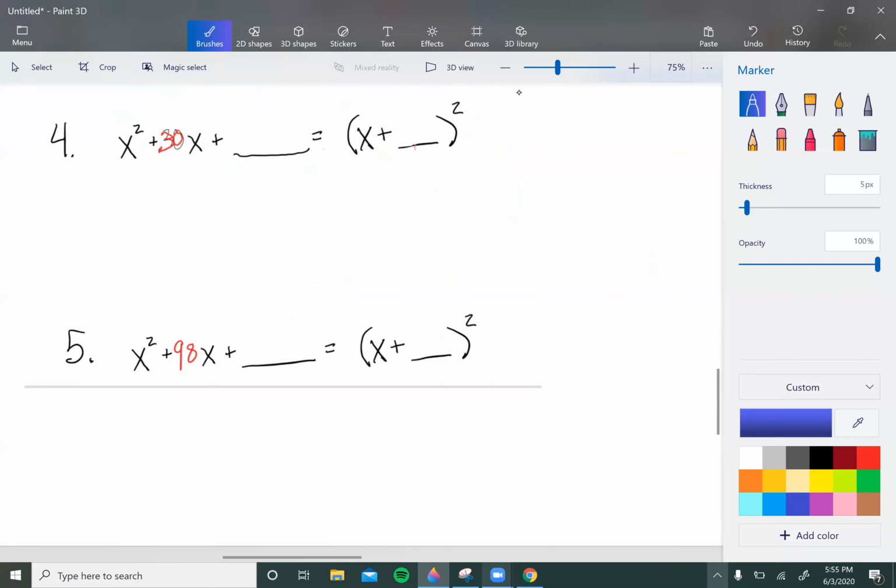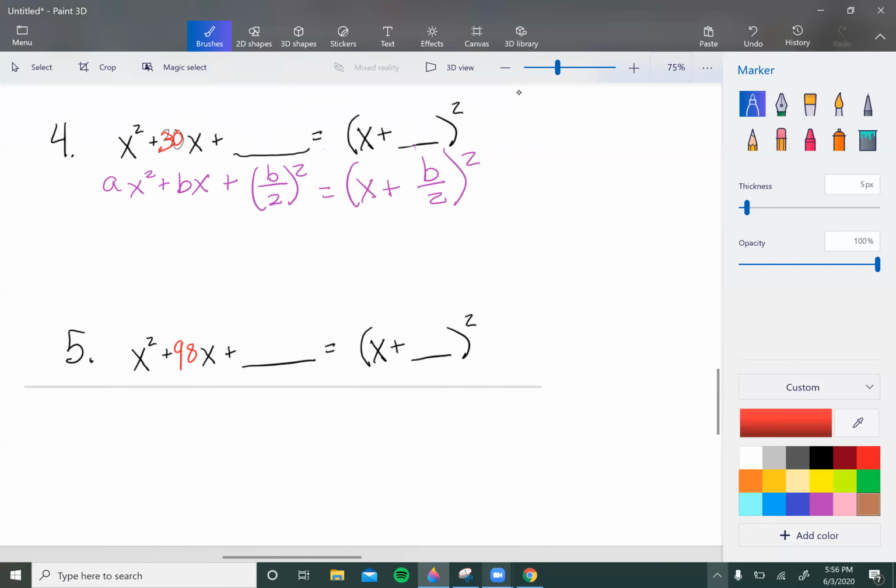Last two problems. I'm still going to write out the formula because you have to memorize this. Put it on your shower mirror or whatever. So our formula is ax squared plus bx plus b divided by 2 squared equals x plus b over 2 squared.